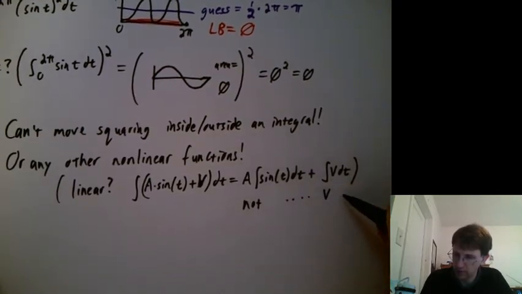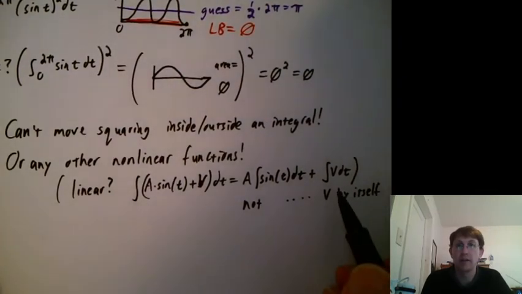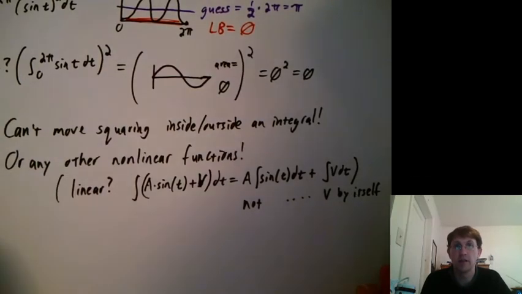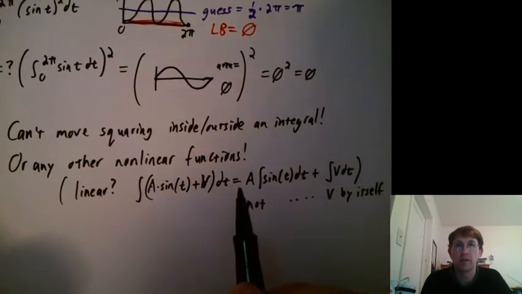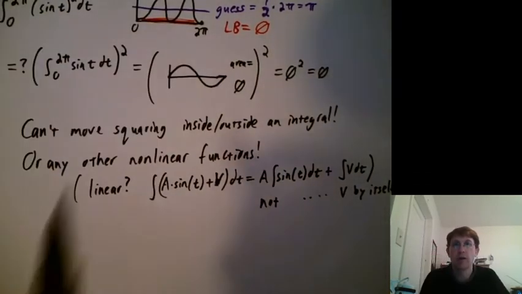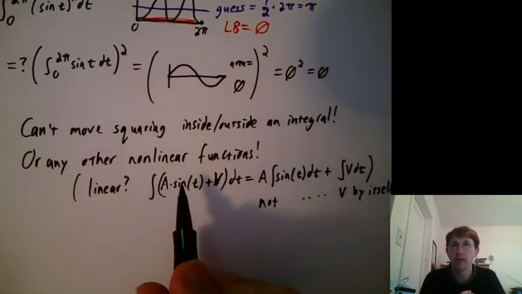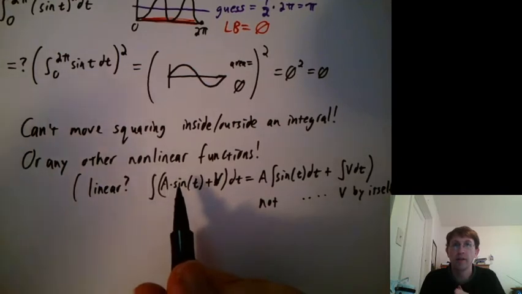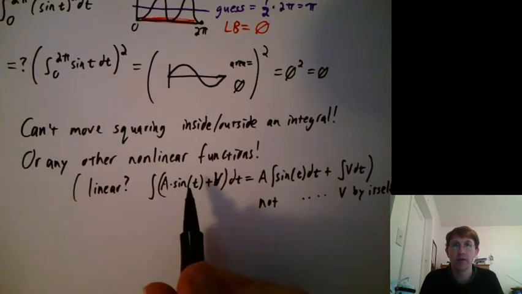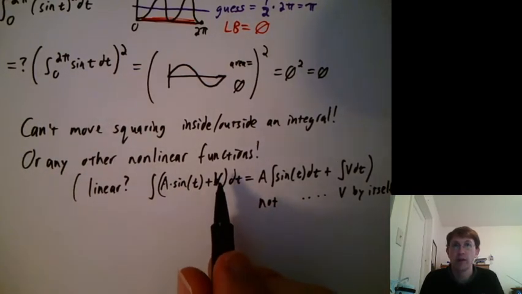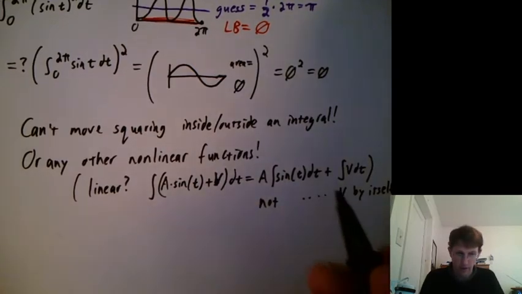Not just v, because the integral of v is v times t, not just v. So as much as we'd like to do algebra by moving stuff inside and outside, the only thing you can move in and out of an integral in an easy way is any constant vertical multiplier. Even a plus something else, you have to take the integral of that.